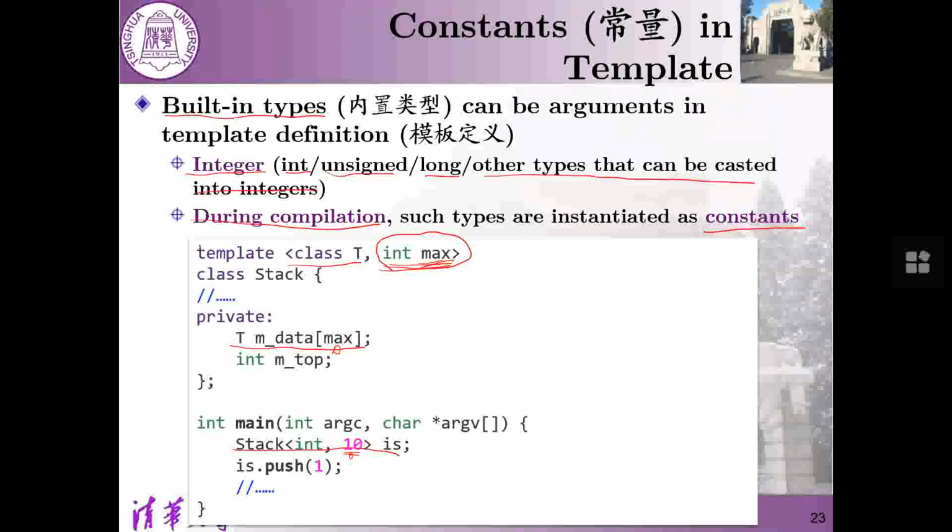So we can imagine that the compiler will generate a class instance in this way. Class stack, and then this is the T.